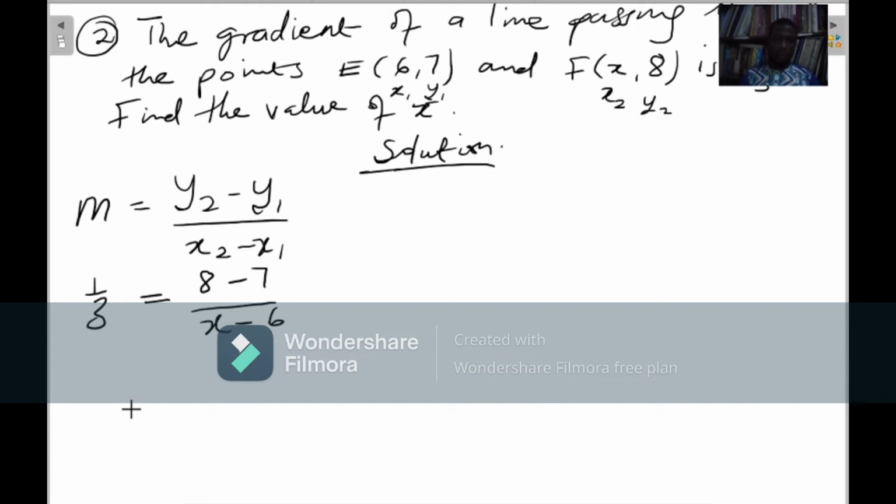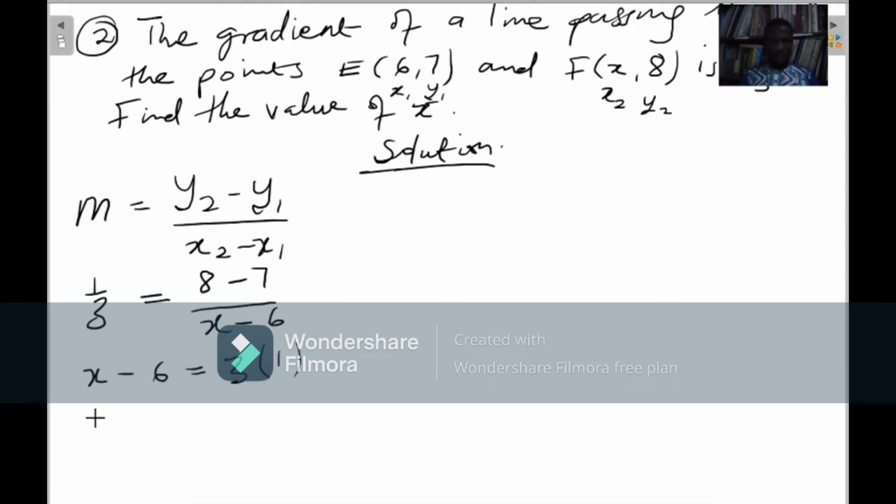Then when we cross multiply, we are going to have x minus 6 equal to 3 times 8 minus 7, which is 1.